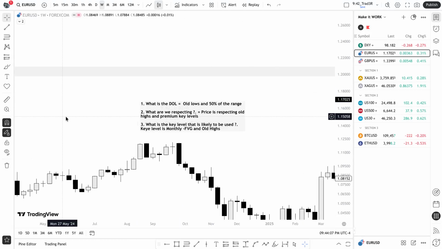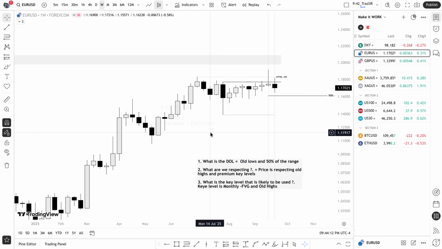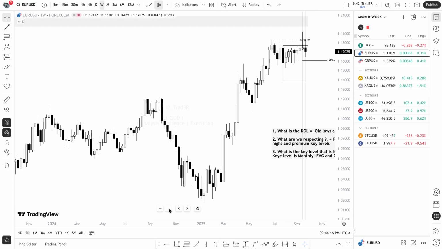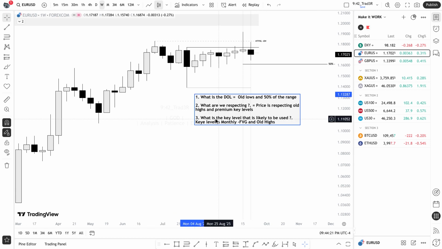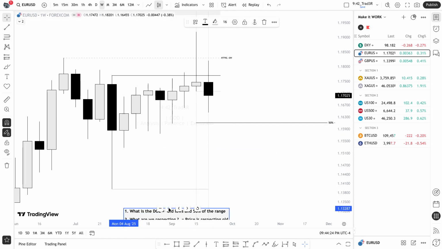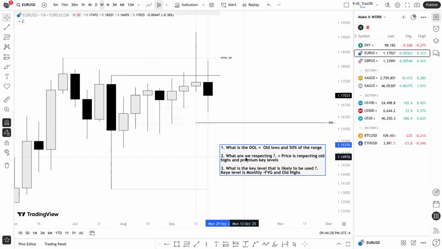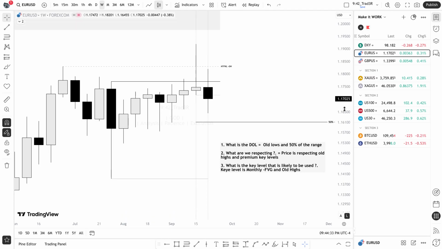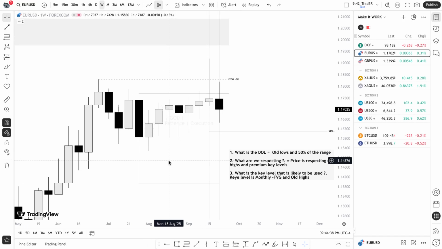Drag these things from the left to bring it to the right. You can see here on the weekly charts, let's zoom in pretty nicely. Alright, let's keep it here. So now on the weekly chart, what do we have? Prior to this week, I was looking for lower prices.